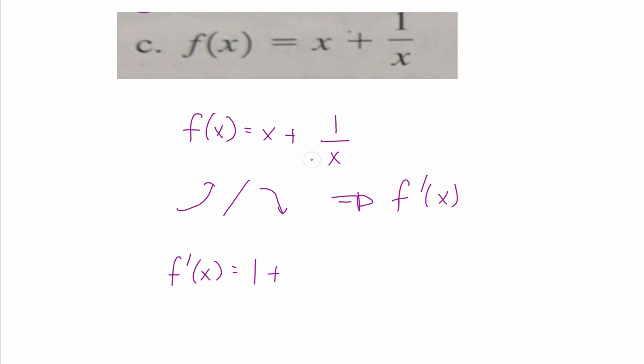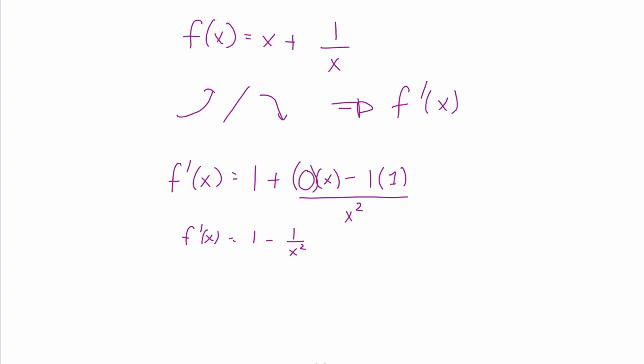So the derivative of 1 is 0 times x, minus 1 times the derivative of x, which is 1, divided by x squared. So it'll give us 1 minus 1 over x squared is our f prime of x.